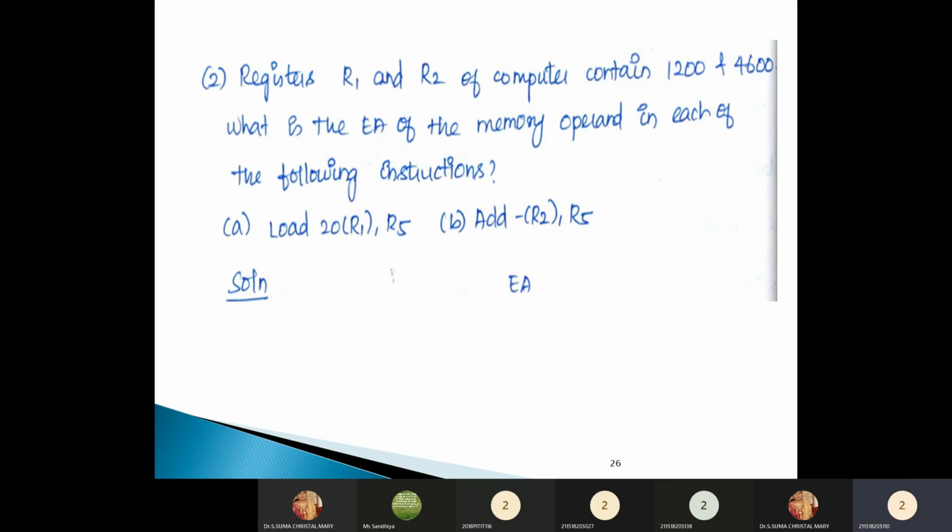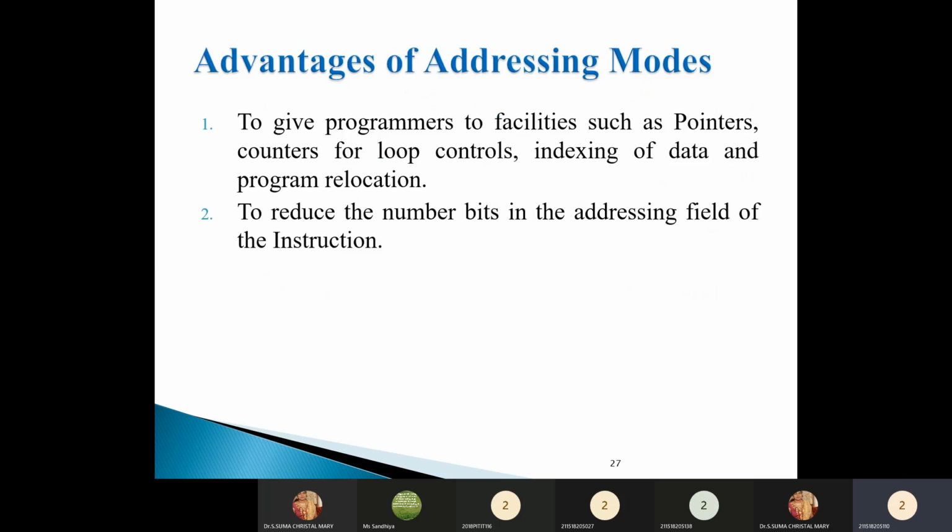Here, let's see the advantages of the addressing modes we have just seen in detail. It provides a larger address space, usually up to several GBs. It supports relocation of a program from one memory block to another.